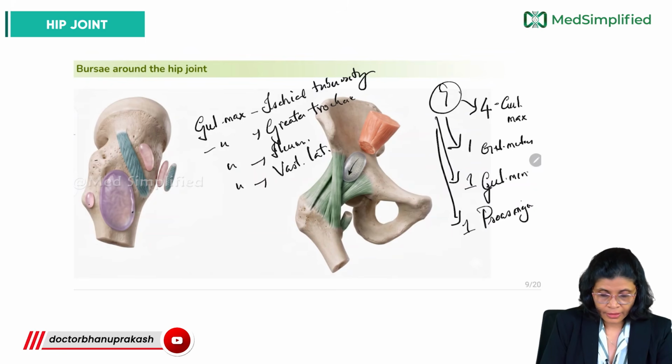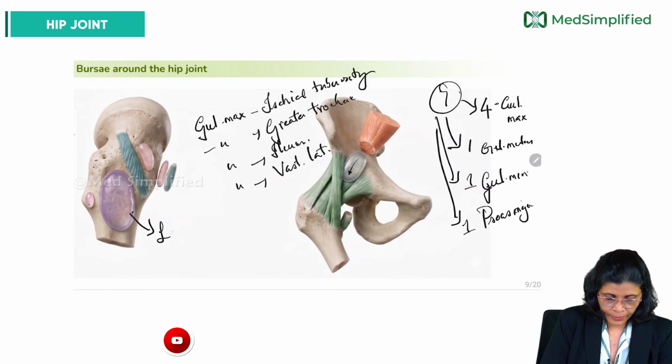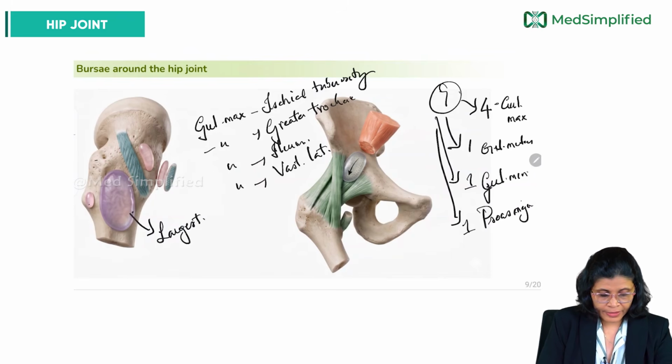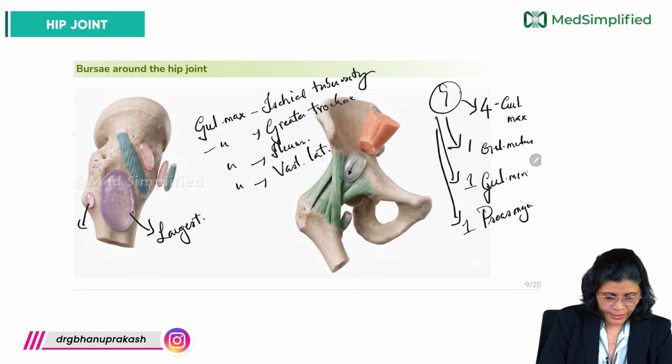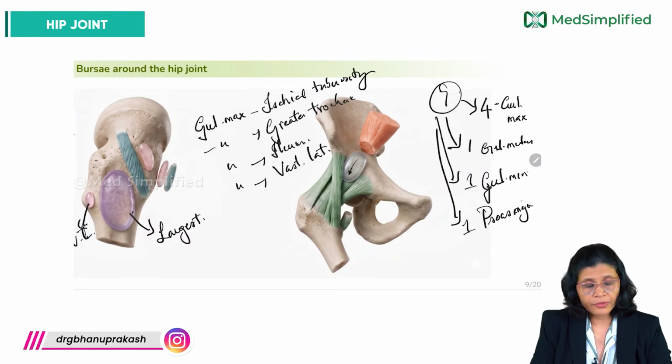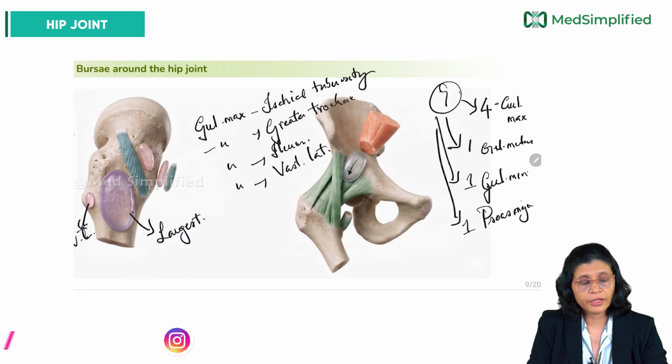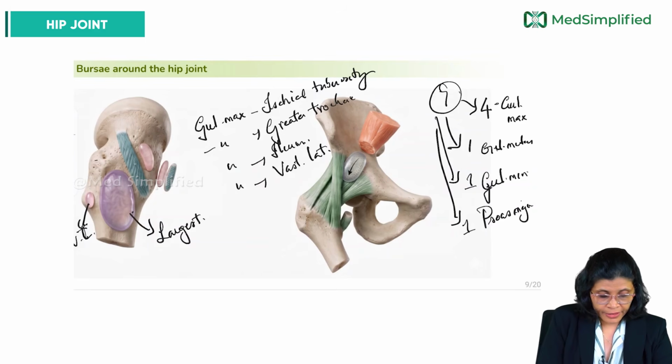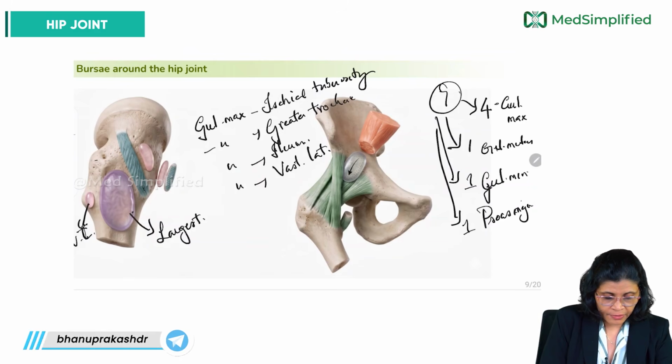This is the largest one among the bursae, the one between the vastus lateralis and gluteus maximus. The one between gluteus maximus and ischial tuberosity is more prone to inflammation, and that results in weaver's bottom. Then here we can see the gluteus medius muscle.